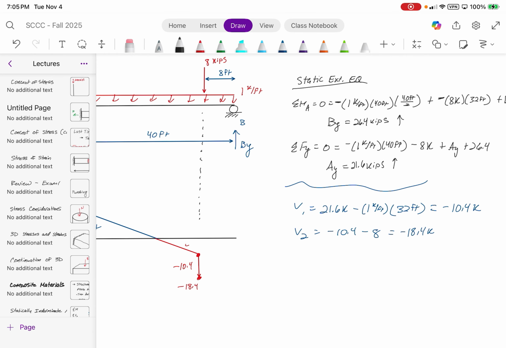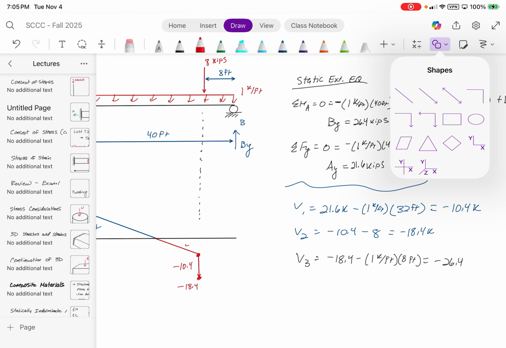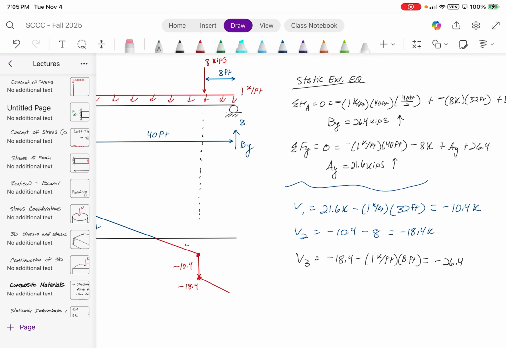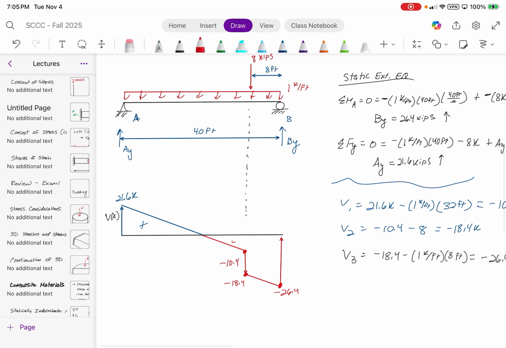And then shear 3 is just going to be the negative 18.4 minus 1 kip per foot times 8 feet, which should give us negative 26.4, which should be equal and opposite to the reaction. Because when we add the reaction, it'll close out to 0. And that is your shear force diagram.